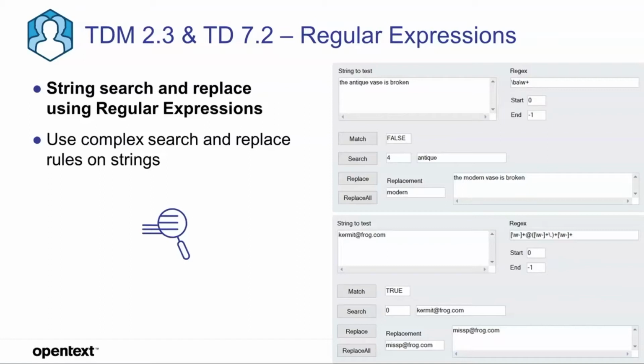For example, this is a screenshot of a sample on the right side, where the regex is \BA\W+, which searches this string, and we are searching for the term antique and replacing it with the word modern. So that's a very simple search and replace. Below is a validation for an email address.